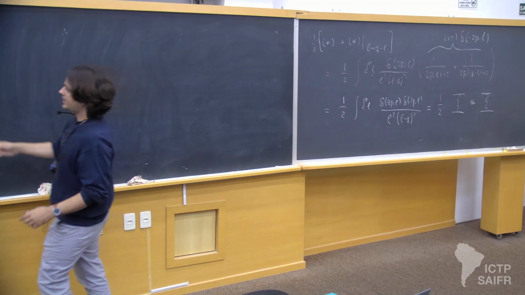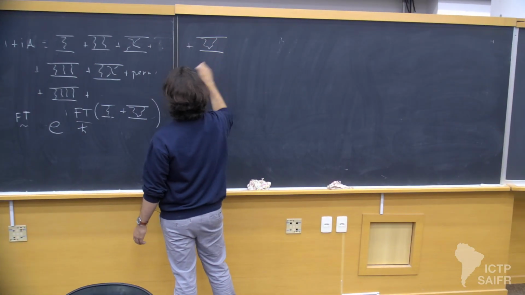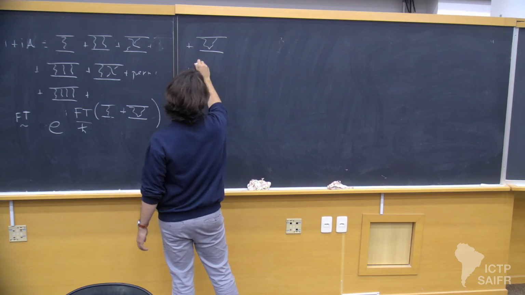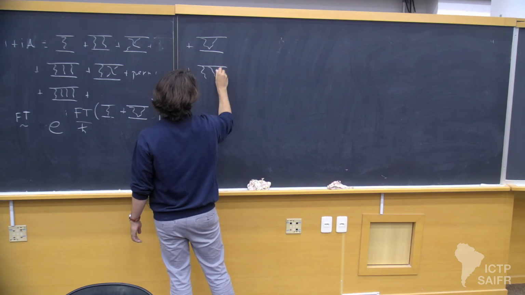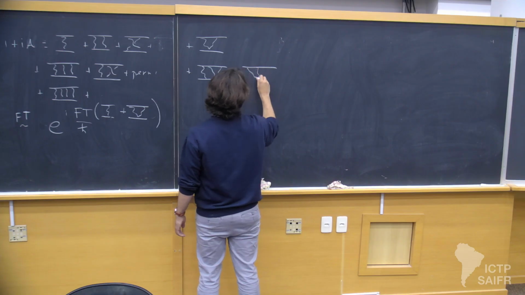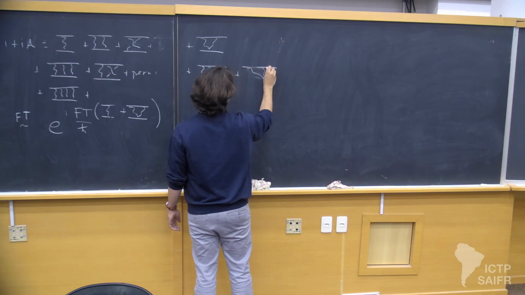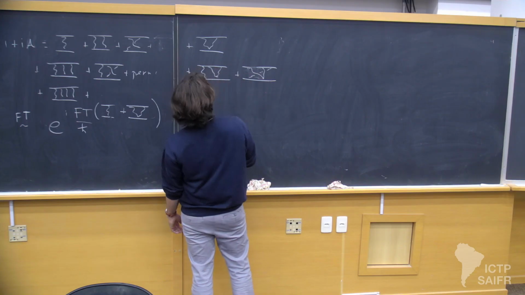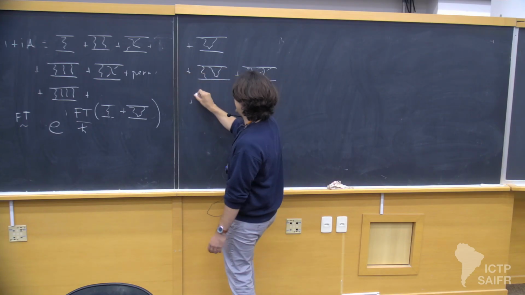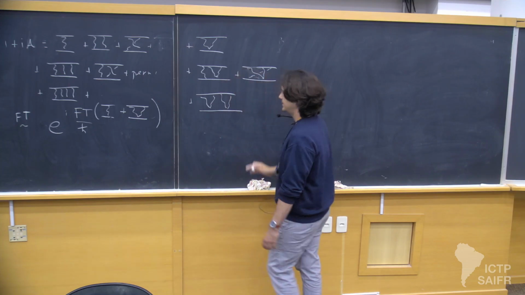Right, so now I also want to include the next classical correction. So I will have this triangle, but then at the next order, I will have things like this. And then I will have two copies of this triangle and the cross version.